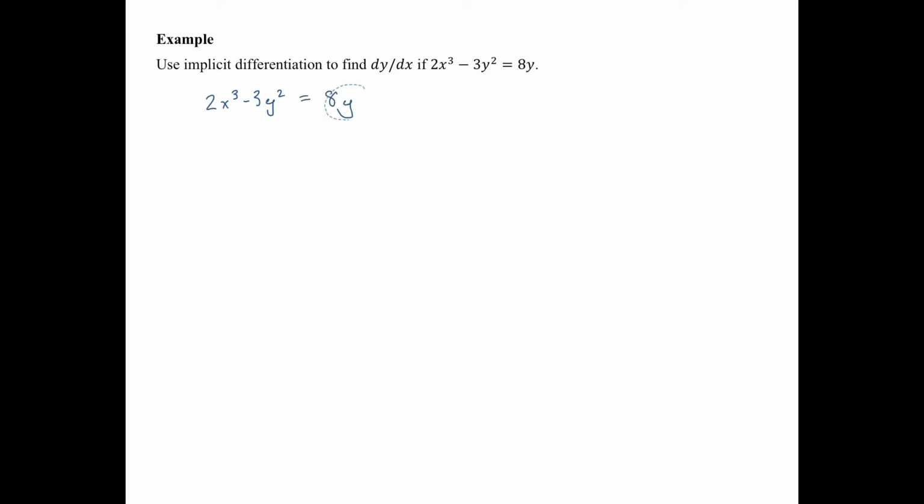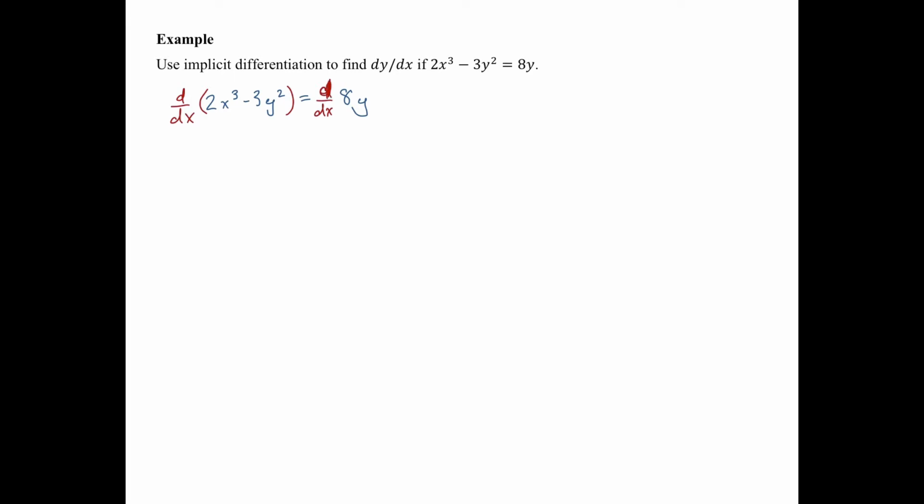And what we're going to do is differentiate both sides with respect to x. So I'm going to take the derivative of the left-hand side with respect to x, and I'm also going to take the derivative of the right-hand side with respect to x.